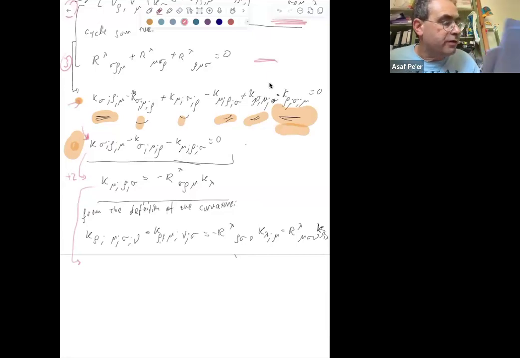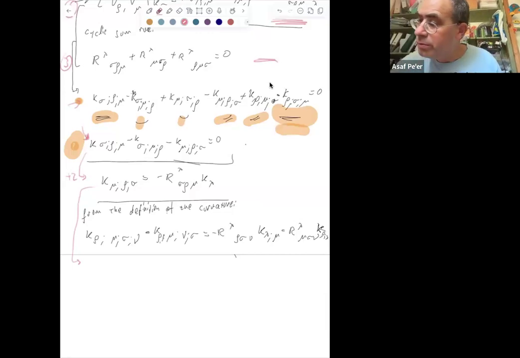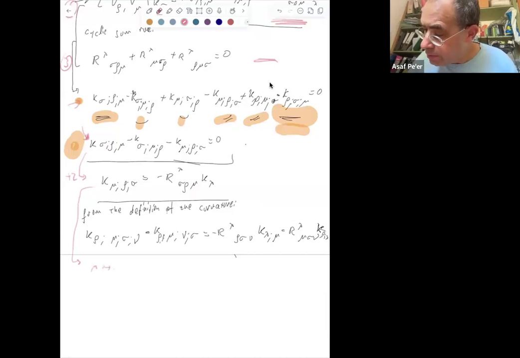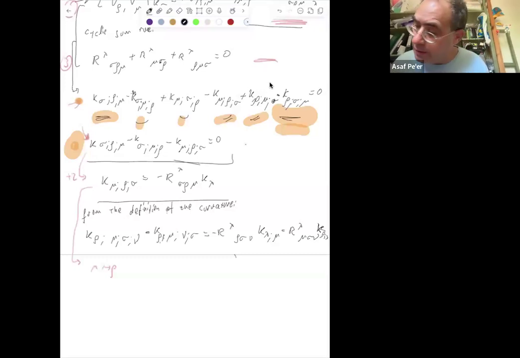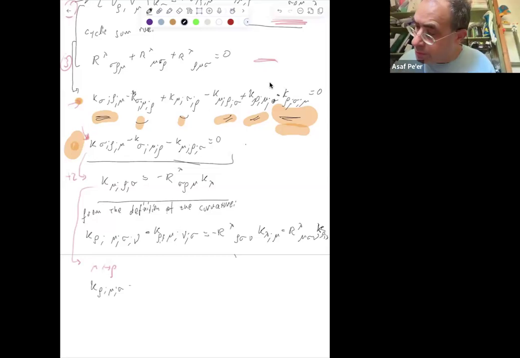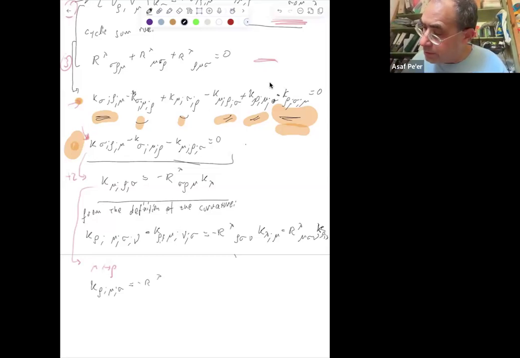So I take the derivative, and I replace mu with rho in this equation, so I get K rho mu sigma is minus R lambda sigma rho mu K lambda.